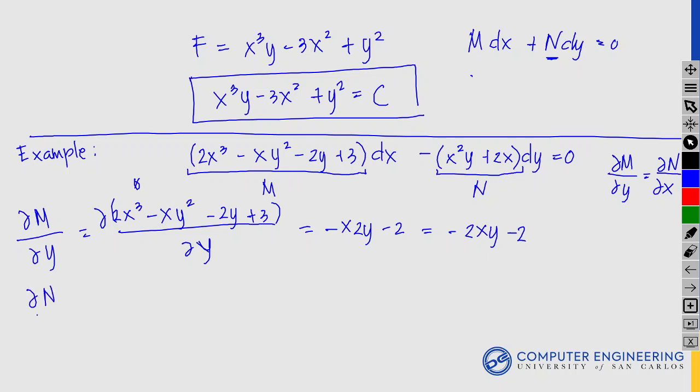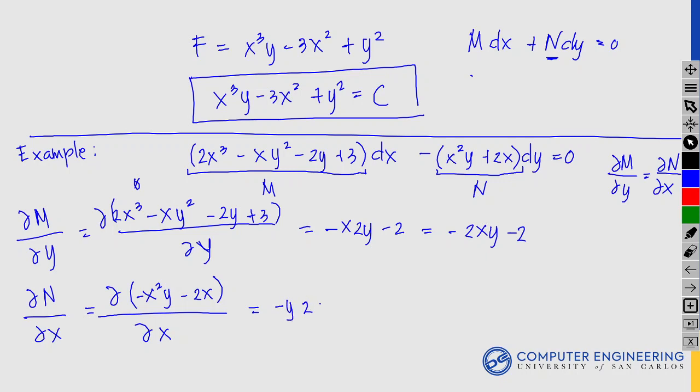And if we do the partial derivative of N with respect to x, with N equal to minus x squared y minus 2x, y is a constant, so minus y.